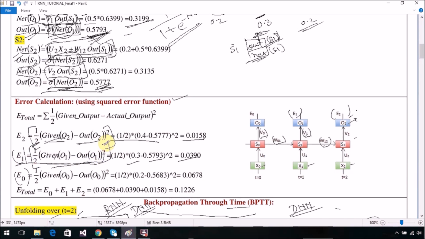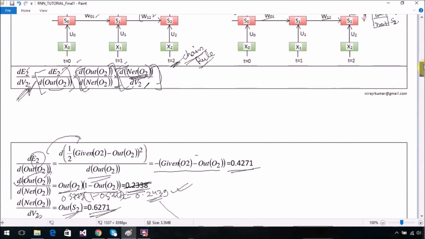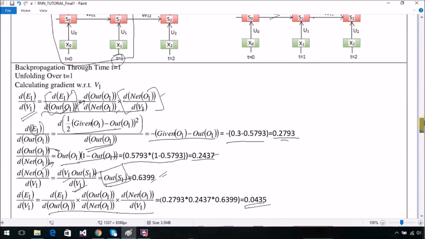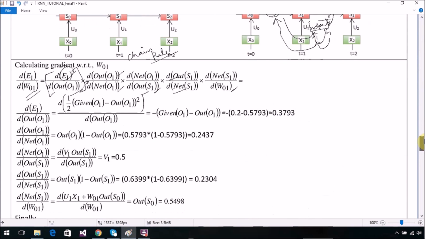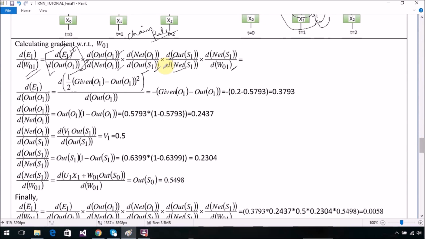So we just copy this value and take the differentiation with respect to out O1, and this is the derivative and this is the result. Similarly, we can calculate out O1 with respect to net O1, as there is a sigmoid relation between out O1 and net O1 that we already calculated. So this is our calculation result.